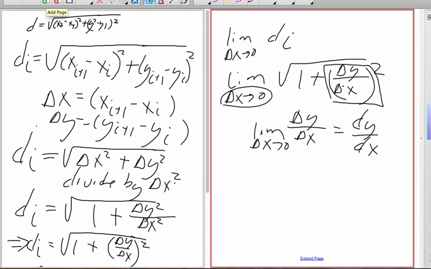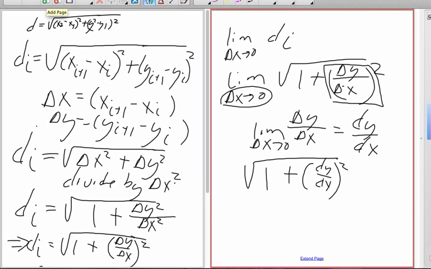So when I do this, it's going to end up being the square root of 1 plus dy dx squared.